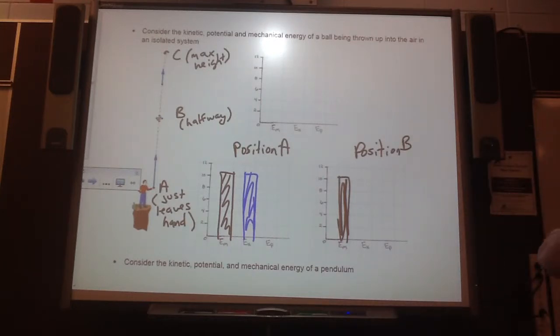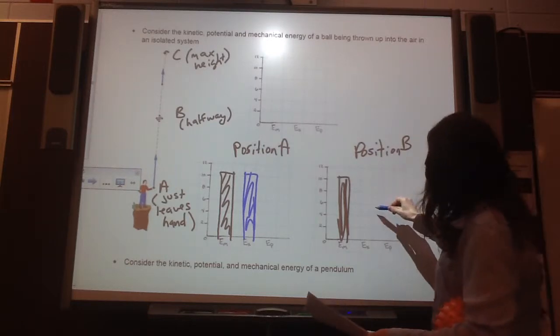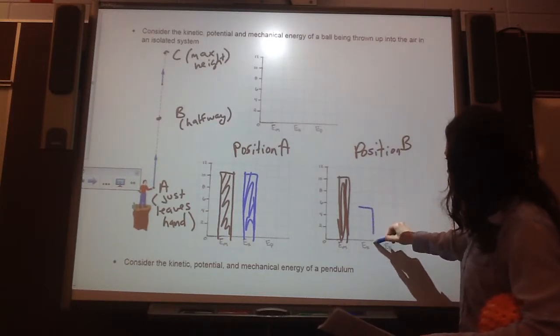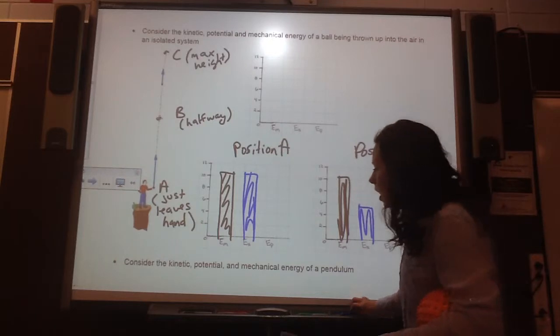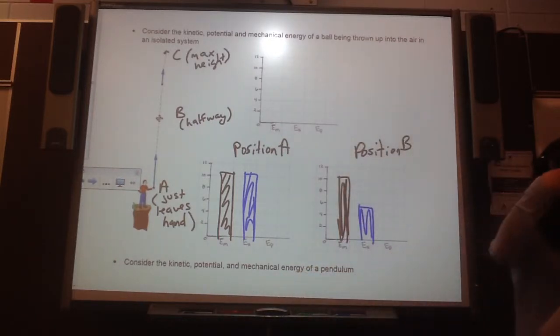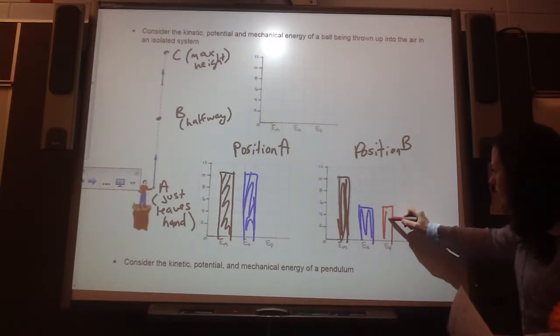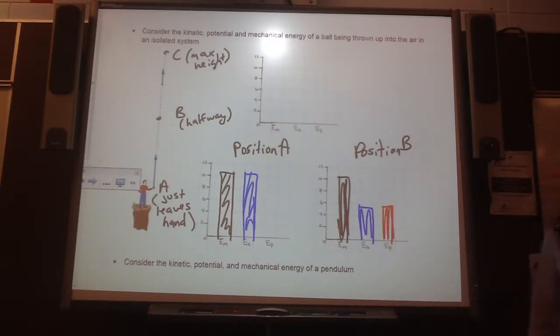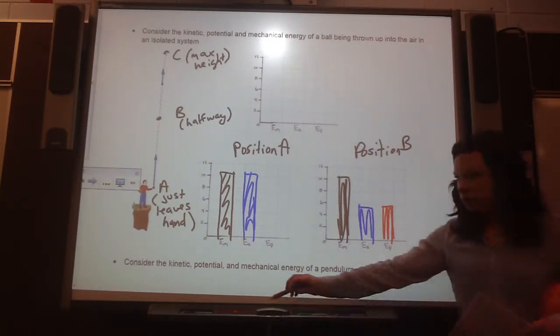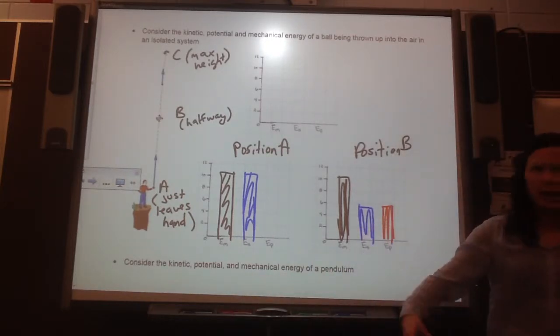Half, yeah. I would say it's about half. So 4.5 is my EK, and that EK energy has been transferred into EP energy, so now EP should also be about 4.5. And that's just approximate, okay?